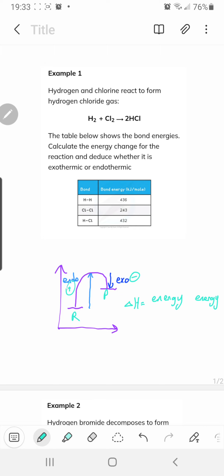So endothermic is a positive enthalpy change and exothermic is a negative enthalpy change, okay? So when you want to calculate the overall energy change, so like this bit here, you do energy in, take away energy out. So the energy that has been put into the system, like by breaking bonds, take away the energy that has been given out from the system from forming new bonds.